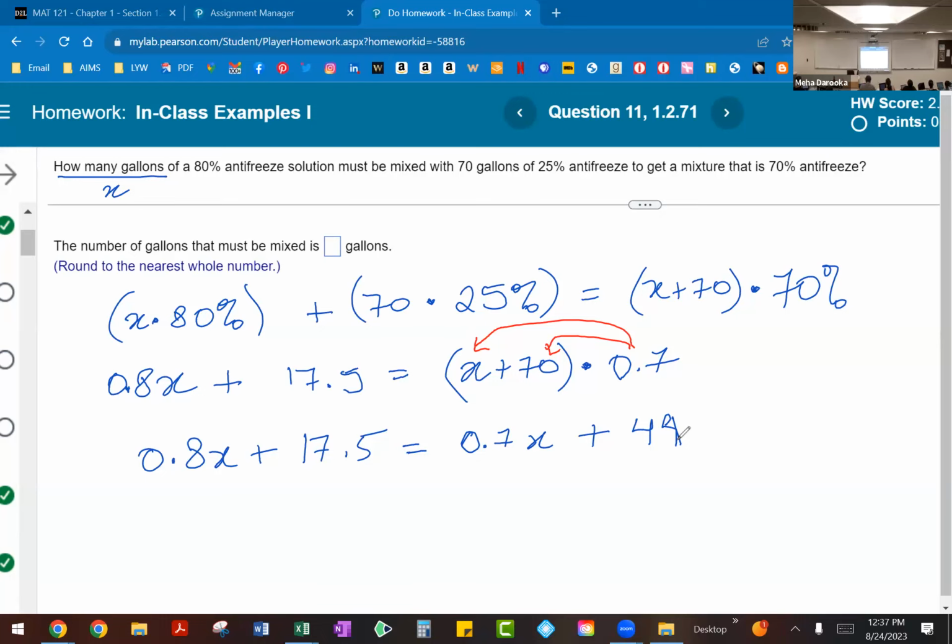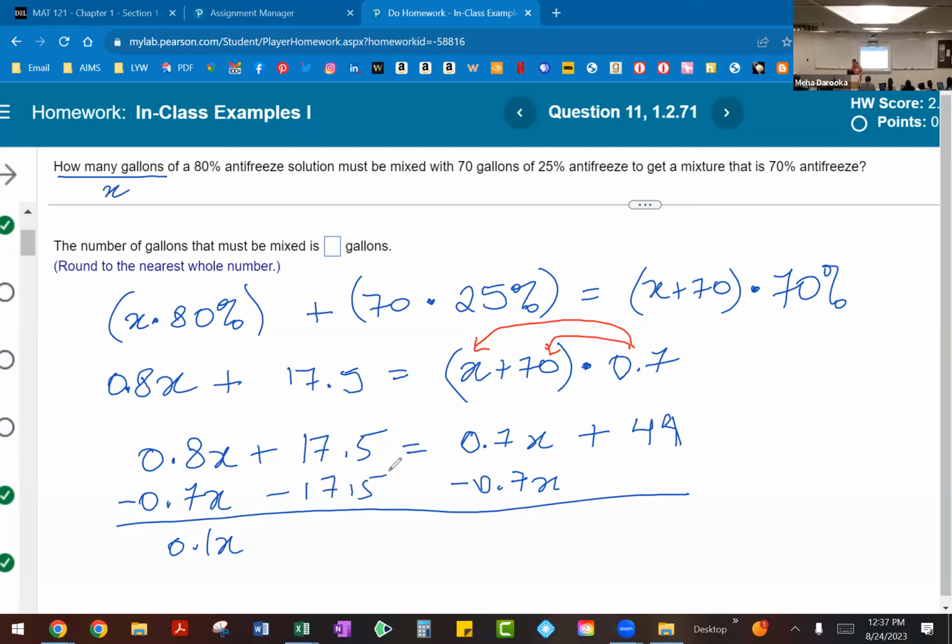Okay. All right, we've got at least, I think, 5 people with 315, so let's take a look quickly. Obviously, when you are subtracting the two x values, I'm just going to move the smaller number over. So that will end up giving us 0.1x here, and then I'll subtract the 17.5 from 49.